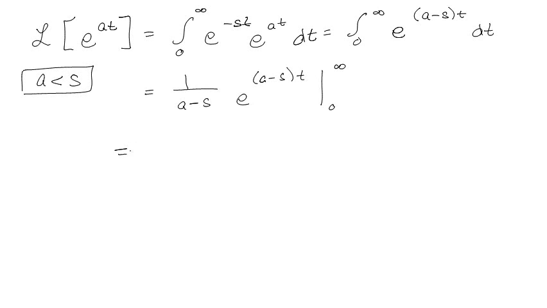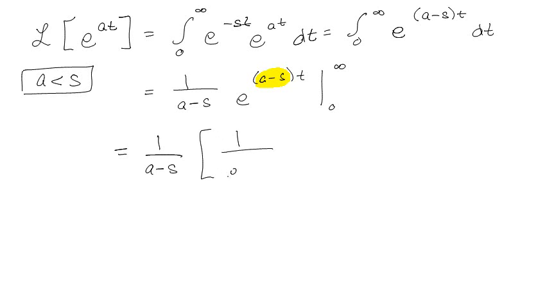Okay, so if I've assumed that a is less than s, then this here is a negative number. So that's okay. Since that's a negative number, I can write it as kind of what I've been doing before.